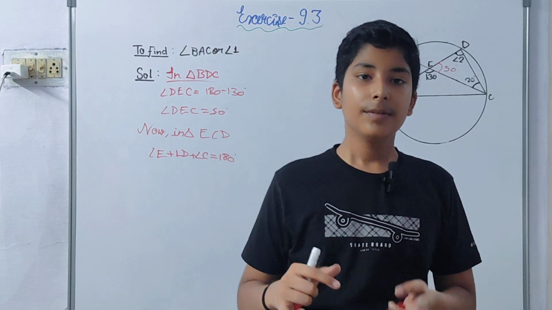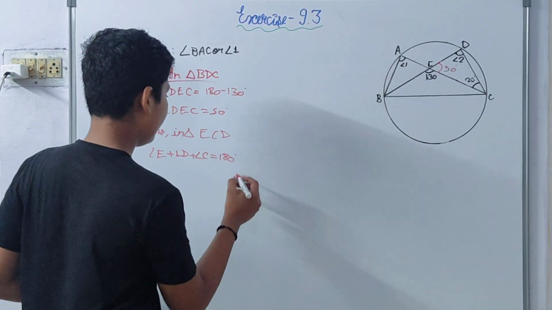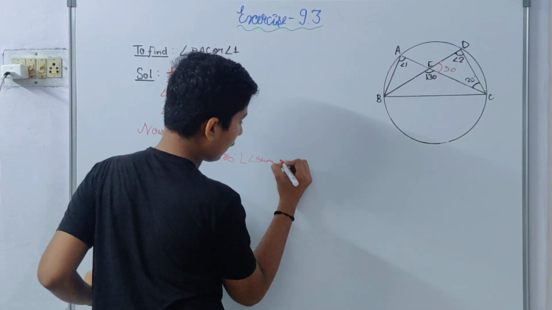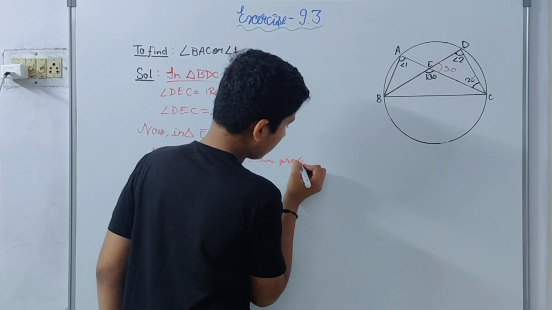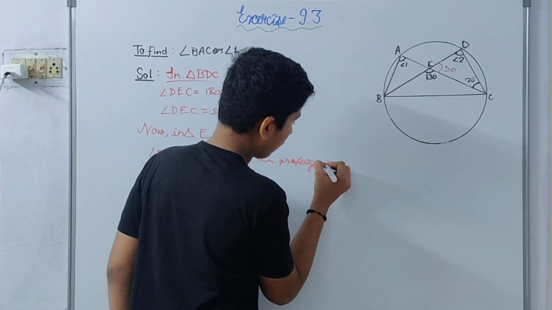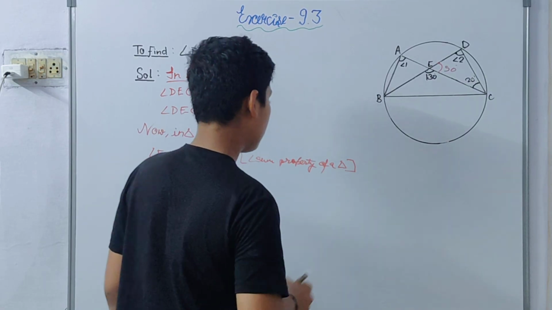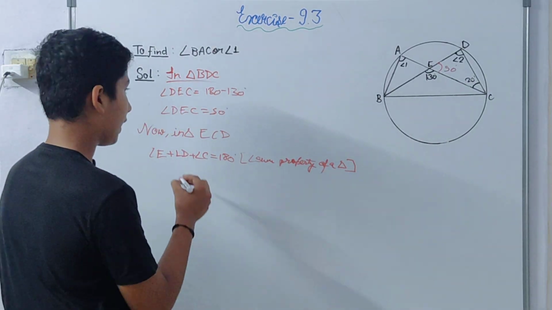Again that property, angle sum property of a triangle. So here you write angle sum property of a triangle.